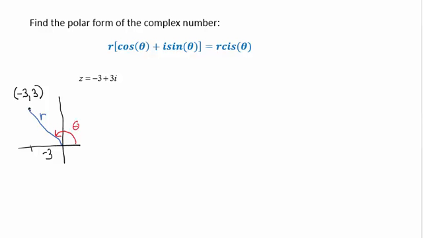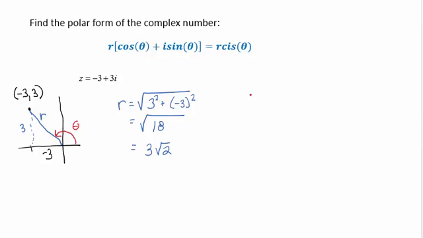To find our modulus, we note that we live on a right triangle with side lengths of 3. They both have a side length of 3, so that the modulus r would be, by the Pythagorean theorem, the square root of 3 squared plus negative 3 squared, which is 9 plus 9, or 18, or 3 square root of 2.